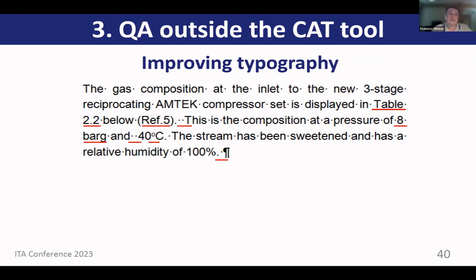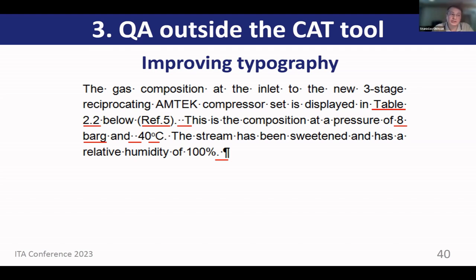One particular area where you might need to perform QA outside the CAT tool is when you make typographical corrections. Typography is how text appears to the reader, in other words, how easy to read and visually pleasant it is. During translation, you can improve typography by using correct Unicode symbols.